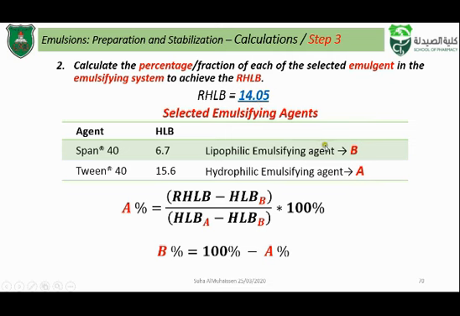If B is the lipophilic emulsifying agent, which in our case is Span 40, and A is the hydrophilic emulsifying agent, which in our case is Tween 40, then the percentage of A, the hydrophilic emulsifying agent, is equal to the required HLB minus the HLB of B, divided by the HLB of A minus the HLB of B, times 100% if you are aiming to calculate it as a percent.